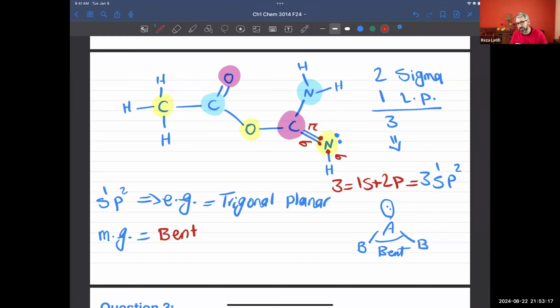If it's bent, then what's going to be the bond angle? I expect the bond angle to be 120, but I have a lone pair, and that lone pair is going to push them down. It will push the B atoms and force them to get closer. So your bond angle, this bond angle, that theta, will be something less than 120, but bigger than 90. Okay, we good?